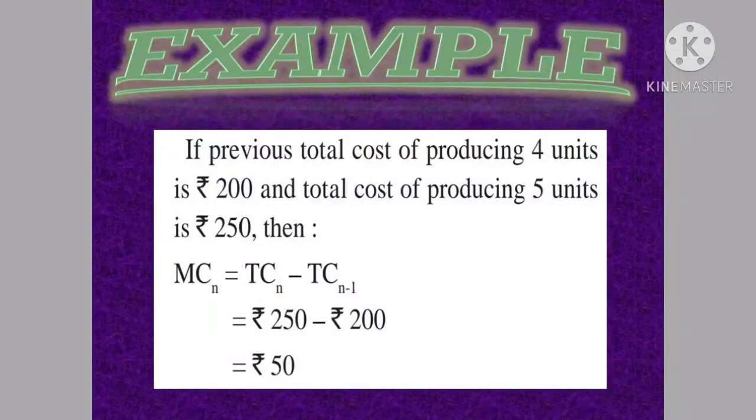So rupees 250 minus rupees 200 gives me the marginal cost of n units, which is rupees 50.